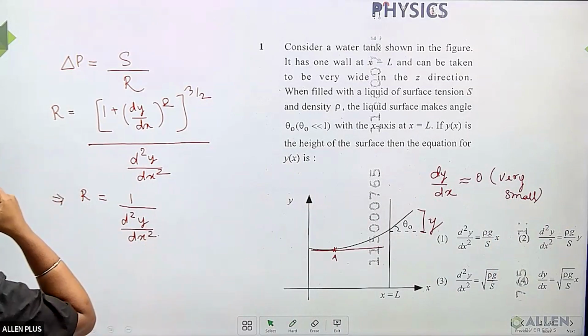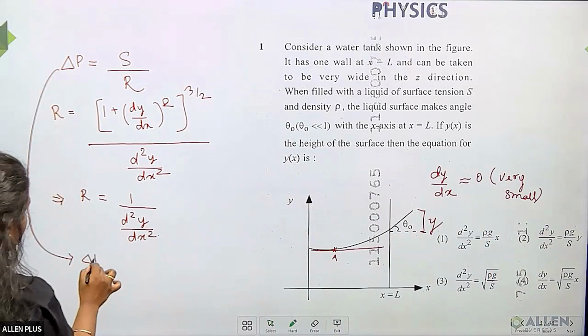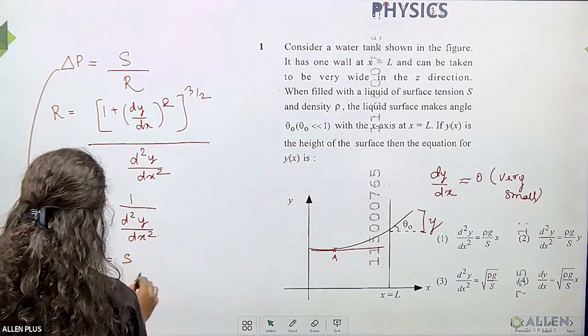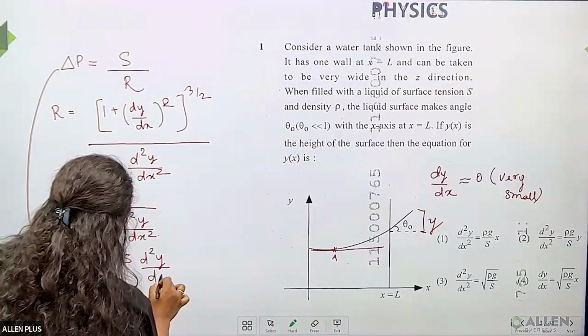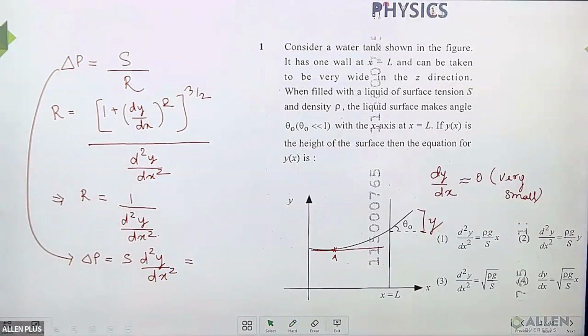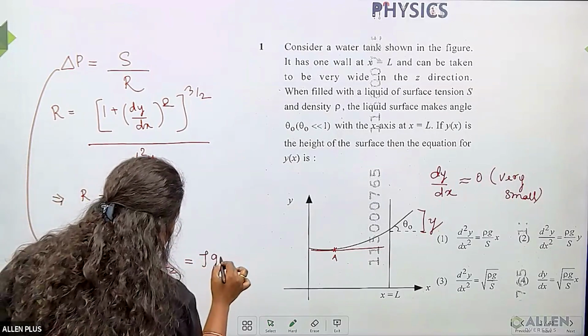Substituting the value of r in this equation, I would be getting delta P equal to S d square y by dx square. The pressure difference is nothing but rho g into the height column, rho g y.